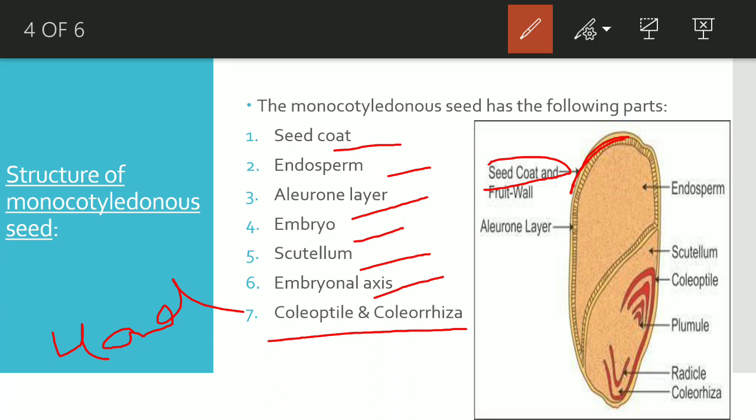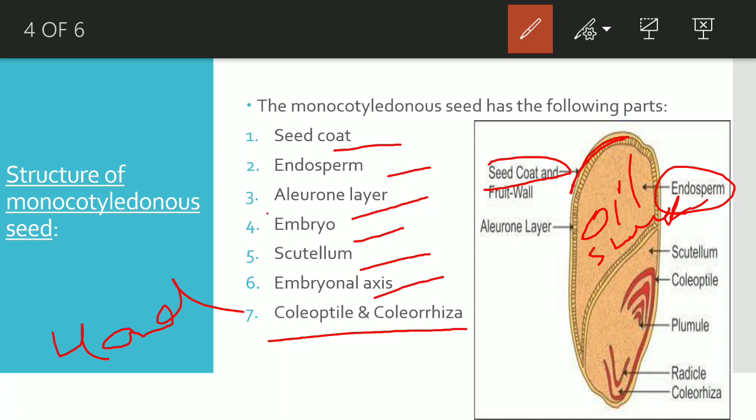The second one is endosperm. It is a tissue rich in oil, starch, and protein. It functions as the storage of reserve food that provides nourishment to the developing plant.